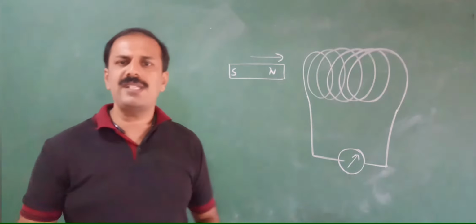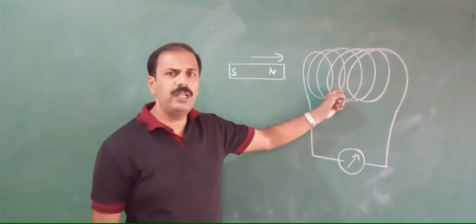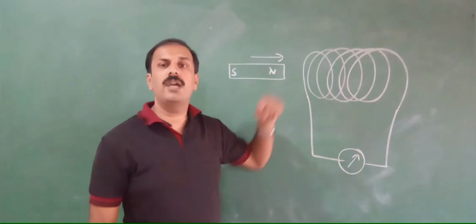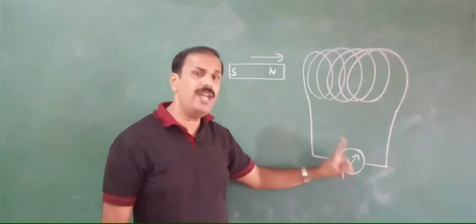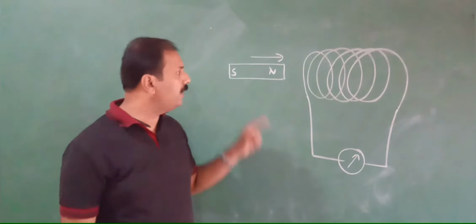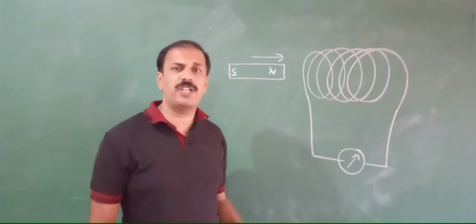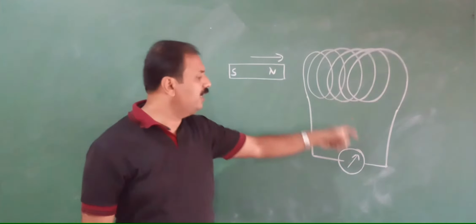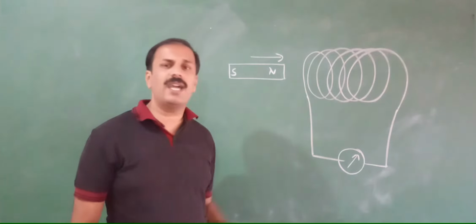So it says that when we move a magnet towards a coil, an EMF is produced inside the coil, or you can say a current is produced. The magnet induces a current in the coil, so we can see a current here.